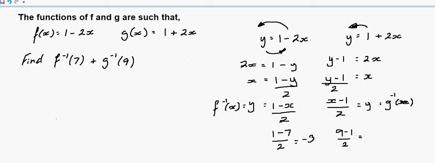So 9 minus 1 will give us 8 over 2, which will give us 4. It says what would happen if we added the two together. So we'd have minus 3 plus 4, which gives us 1. So that will be our answer.